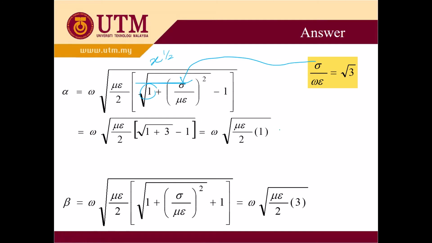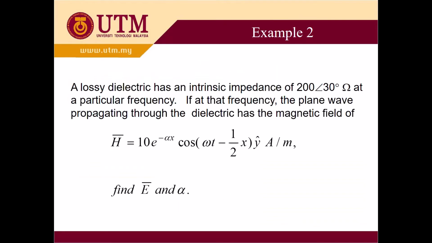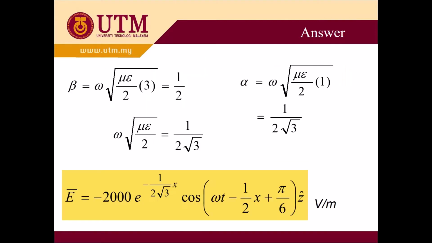So finally, this is the expression we obtain for alpha, and similarly for beta we obtain these expressions. We have two expressions. Since we know from the equations, here, this is basically the value of beta. This is beta. The beta is 1 over 2. So we can use the information here.